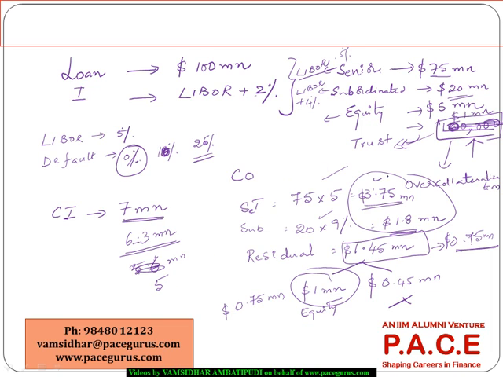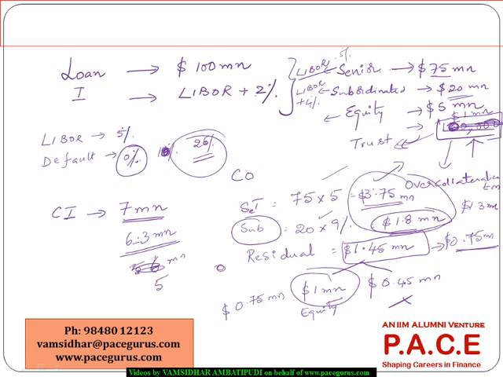This party will still receive its 3.75 million, but this party cannot receive the entire 1.8 million. They may receive only around 1.3 million. This means the subordinated tranche also will start absorbing the loss if the default rate goes to this extent of 25%. And of course, the residual, which is the equity tranche, is directly zero, which means the equity tranche is going to receive zero and no contribution happens to the trust.